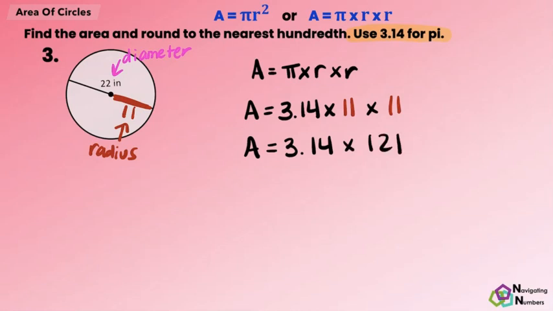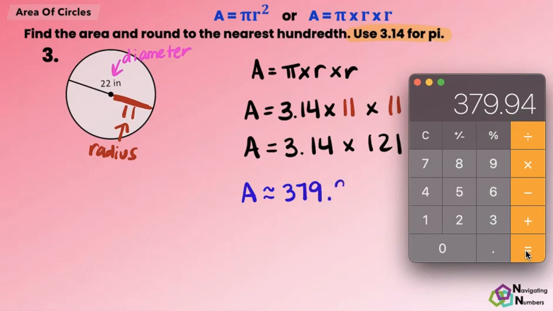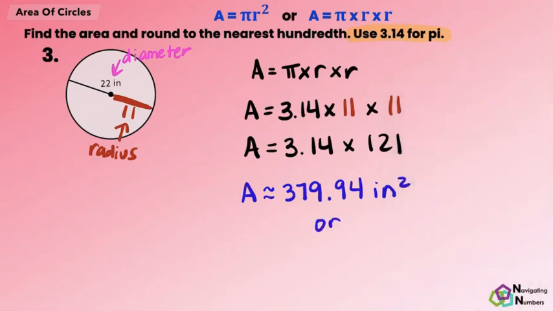Multiply 3.14 times 121. Let's use our calculator. That is approximately 379.94 inches squared. Or area equals 121 pi.